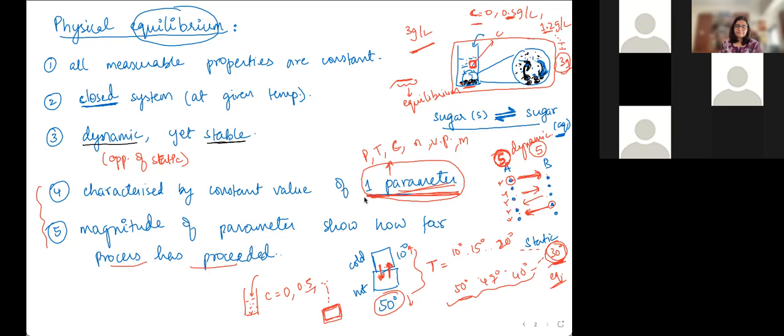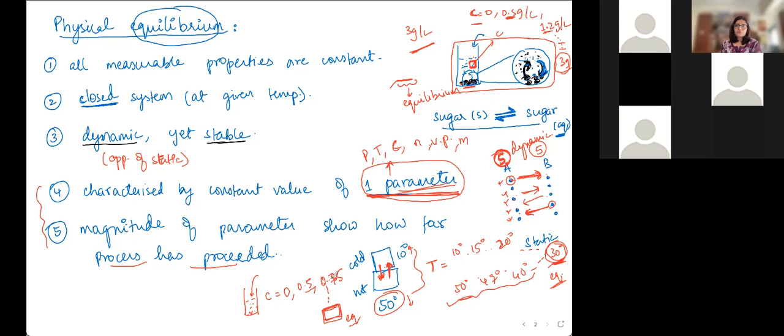So I understood characterized by the constant value of one parameter, because that's when it reaches equilibrium. But when we say maximum parameter shows how far the process has proceeded, using the 30 degrees or the point of saturation, how do we show कि पहले क्या हुआ? So if I see concentration is not changing, we figured out कि equilibrium has been met.